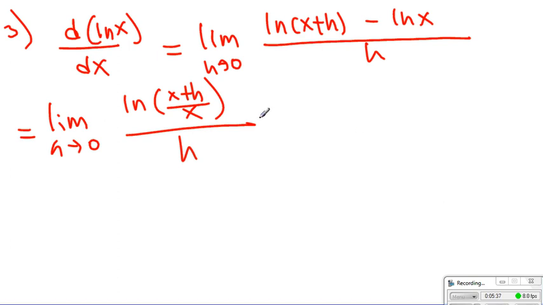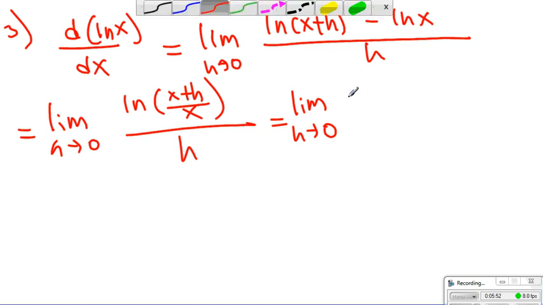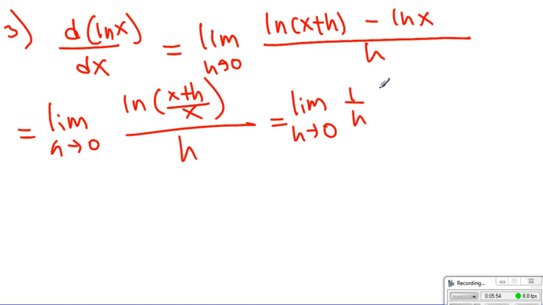When we simplify this further, dividing by h simply becomes 1 over h times ln of (1 plus h over x). That's basically what we end up getting.